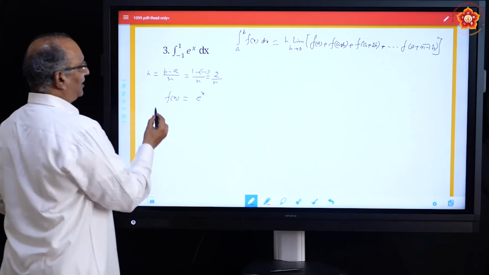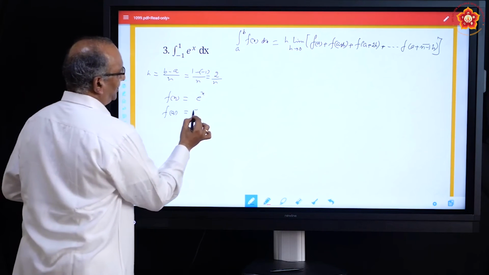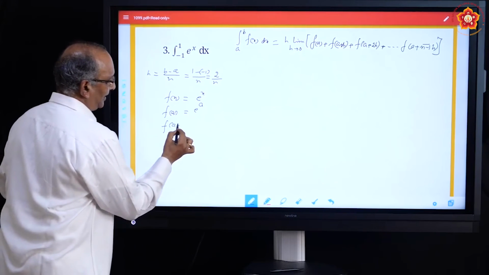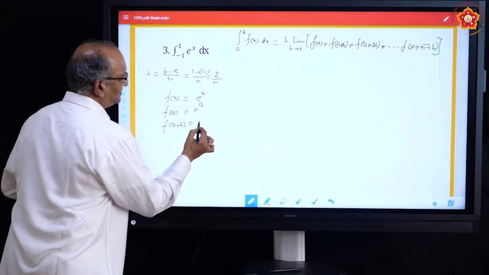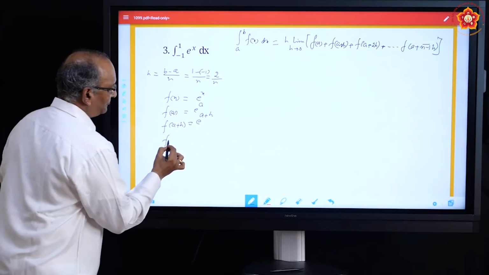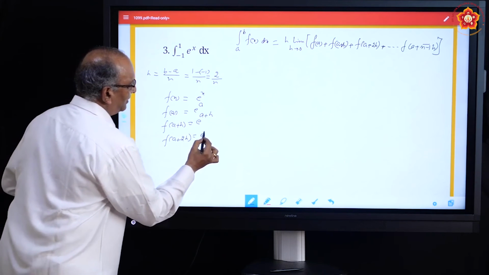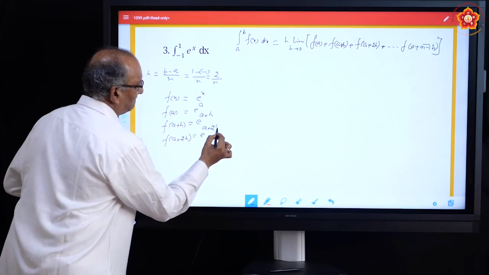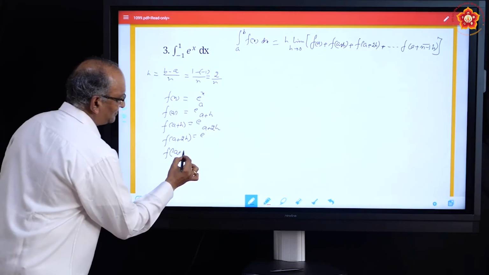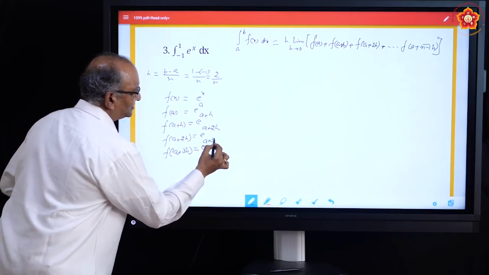So if it is so, what will be f of a? It will be e to the power a. What is f of a plus h? It is e to the power a plus h. f of a plus 2h, e to the power a plus 2h. f of a plus 3h, it is e to the power a plus 3h.